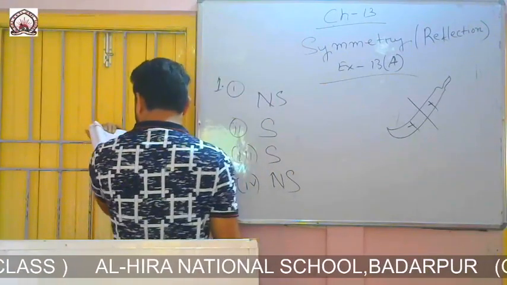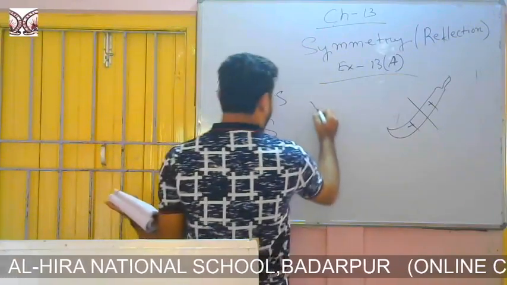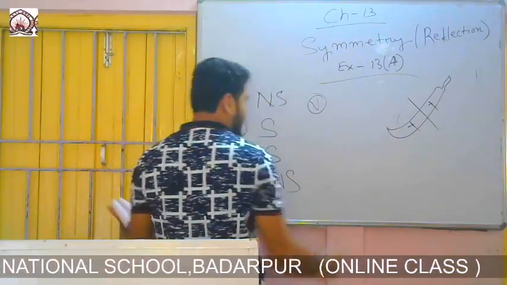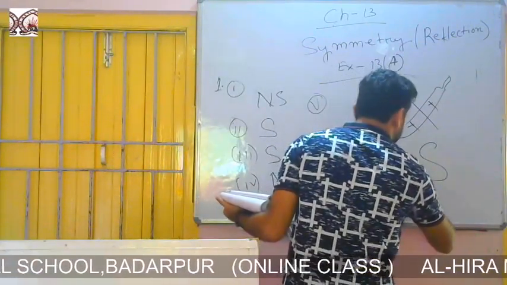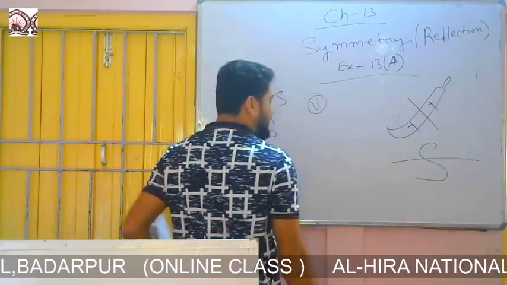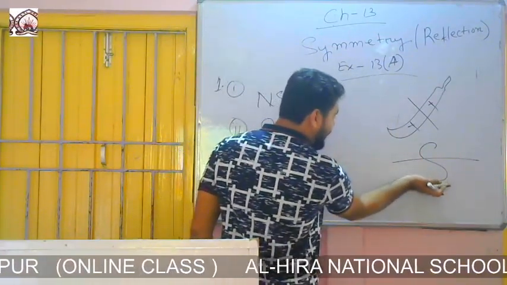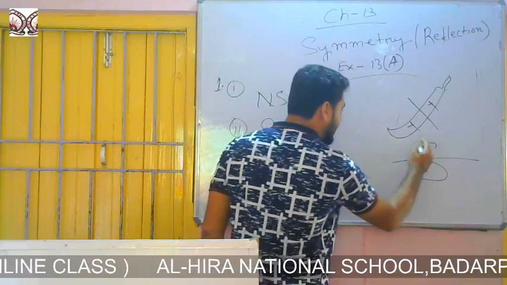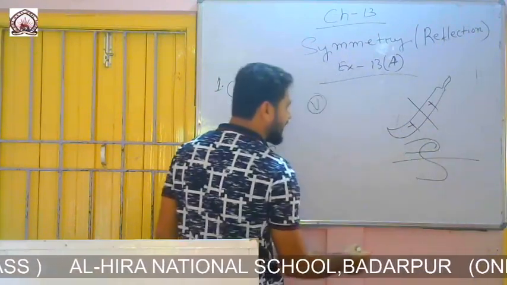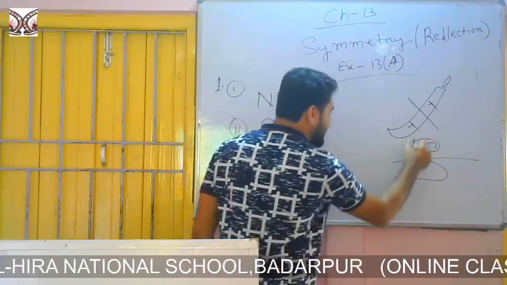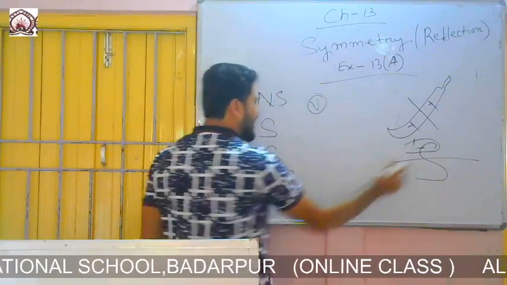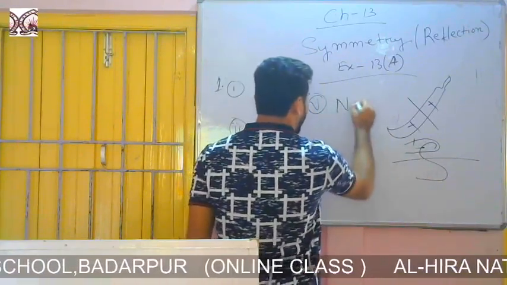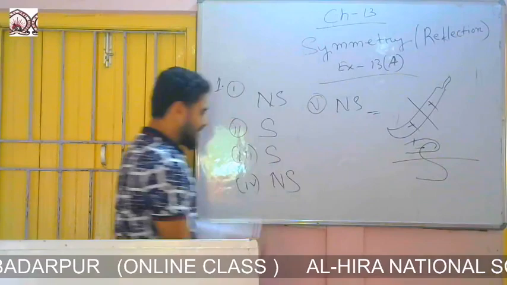Now come to 5 also. If I give a line of symmetry and fold it, then this portion will come like this. This part and this part will not coincide, so this shape is not symmetrical.